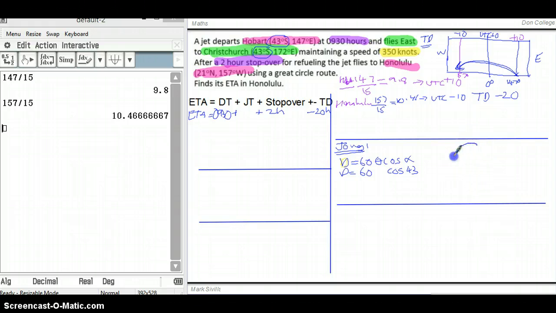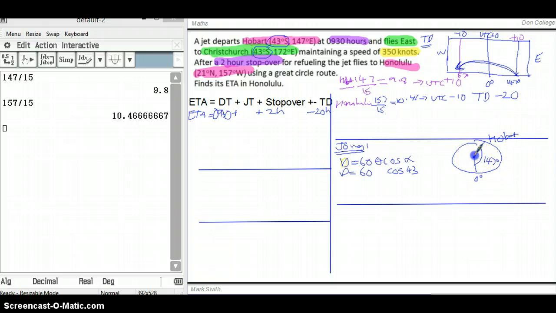Now to work out how far apart they are, the angular separation between those two, we need that top-down view. So draw a top-down view of the Earth. We have 0 degrees here. We're at Hobart, which is 147 degrees east. So if we put that Hobart there, that is 147. And then we're going round to, where are we? Christchurch, which is 172. I'll put that in a different colour.